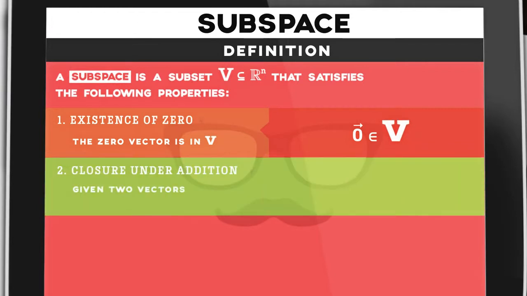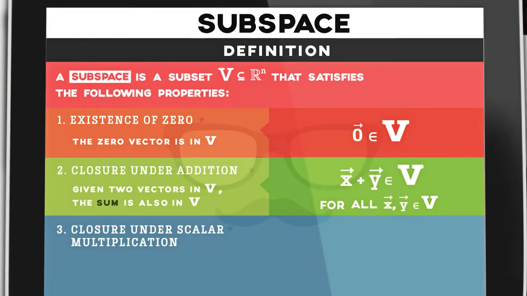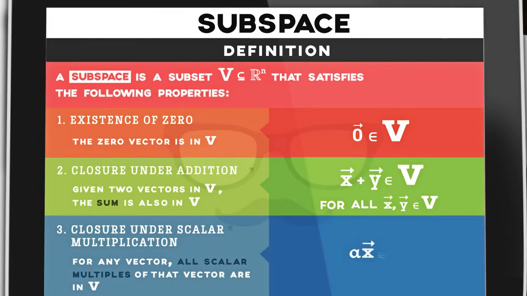Given two vectors in V, their sum is also in V. x plus y is in V for all x and y in V. Closure under scalar multiplication. For any vector, all scalar multiples of that vector are in V. Alpha x is in V for all x in V and real alpha.